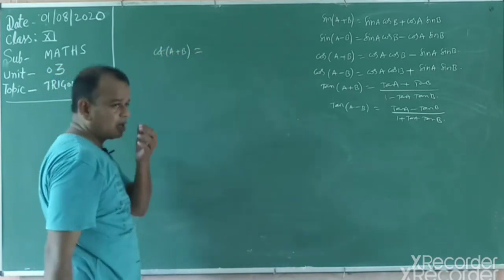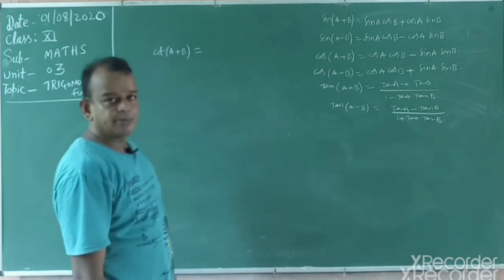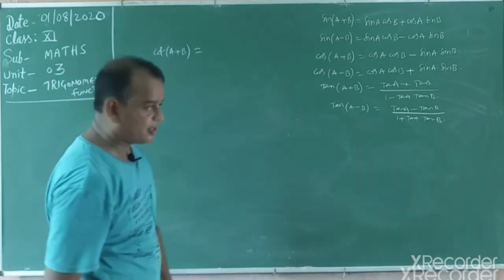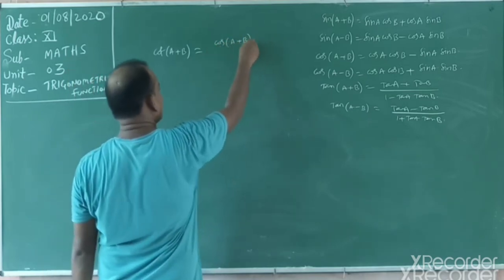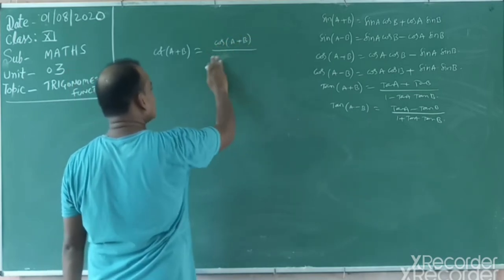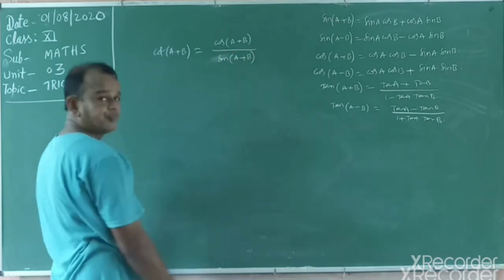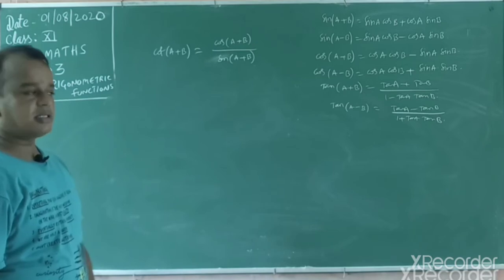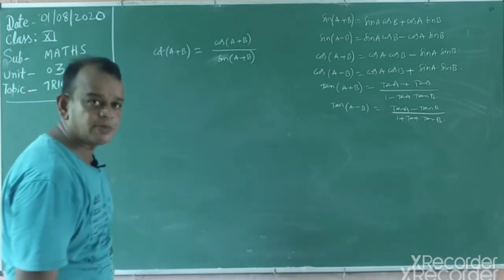What is the definition of cot theta? Cos by sin. Cot theta means the ratio of cos and sin, cos theta by sin theta. Cot of A plus B is equal to cos of A plus B by sin of A plus B.